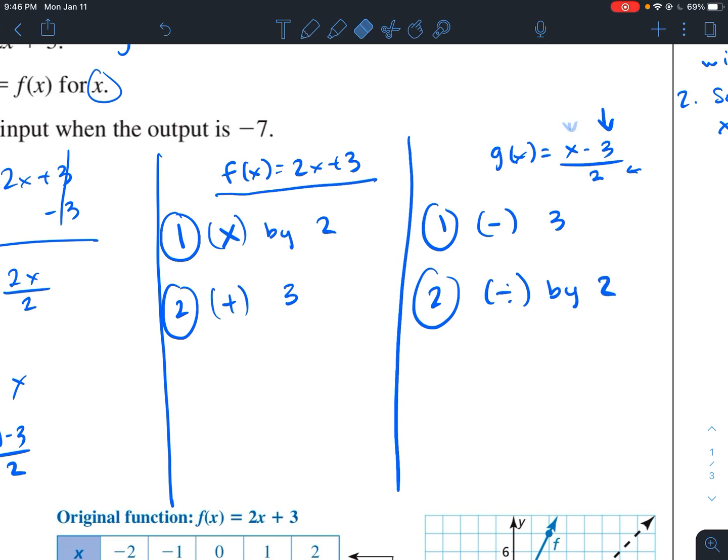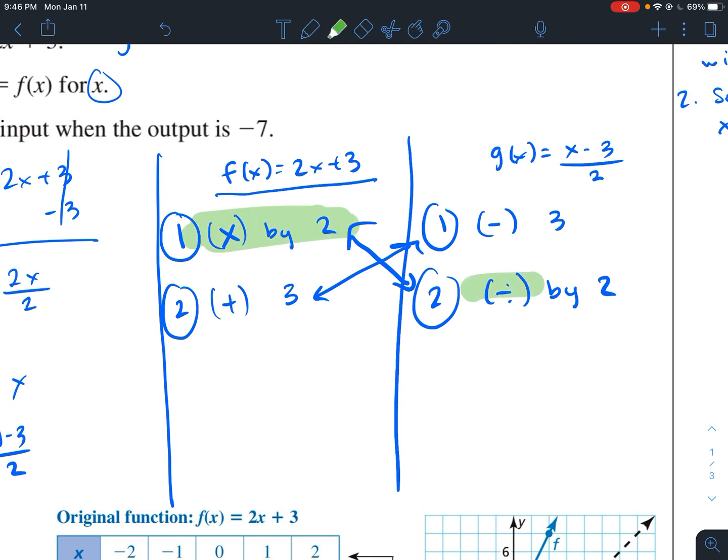Okay, so do we notice anything that's happening here? So notice that if you look at it crosswise, these steps, they are inverses of each other. So for the first step here, we had multiply by 2.